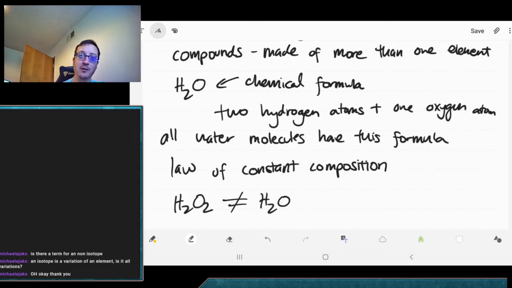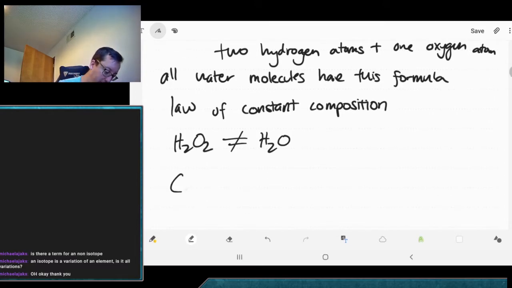Chemical formulas tell us how many atoms and what type of atoms we have. So we have hydrogens and oxygens in this one. The number of those is going to be constant for every unit we have. So every hydrogen peroxide molecule has 2 hydrogens, 2 oxygens.